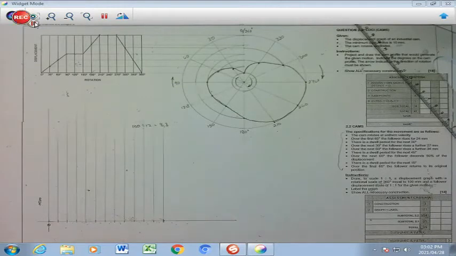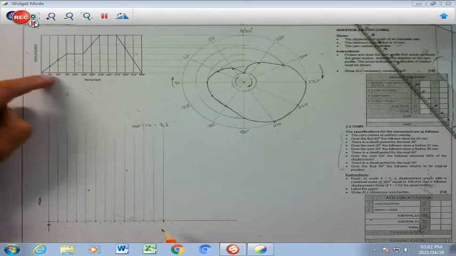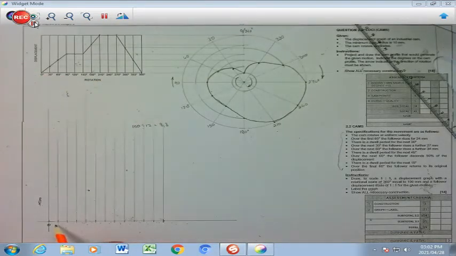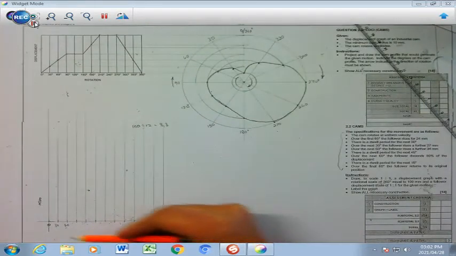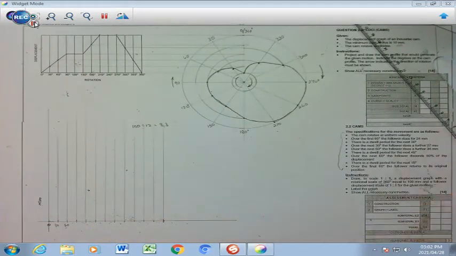It's obviously done faintly. I'm now going to label all my points right up until 360 in this exact same way which I have it here. So I'm going to say 30, 60, and I'm going to carry forth, and I'm also going to write here cam displacement diagram. Those are very important. Let's do that quickly.